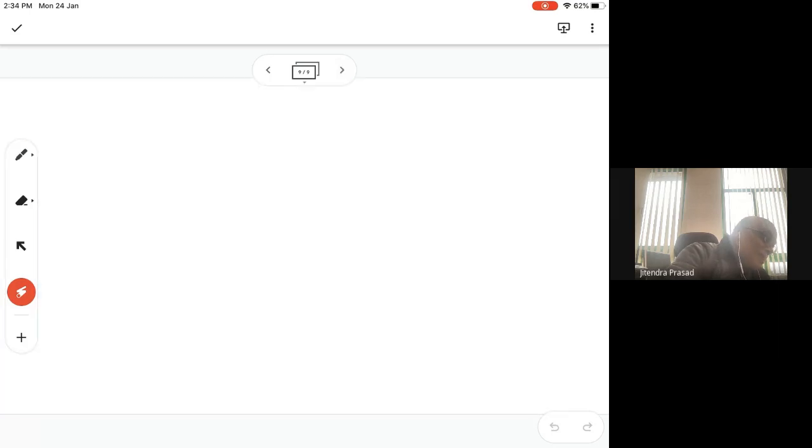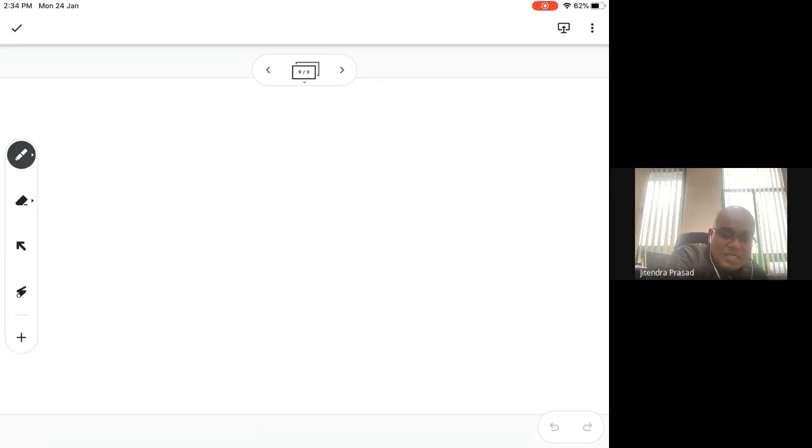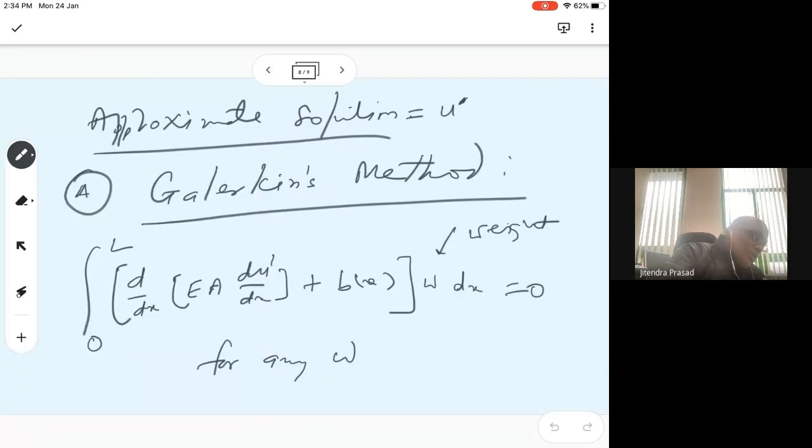What is the difference? Sir, this solution will be subject to the boundary conditions, the essential boundary condition. Yes, the essential boundary condition we have to apply anyway. For the natural boundary condition, we don't know whether it will be satisfied or not, but the essential boundary condition we have to satisfy.